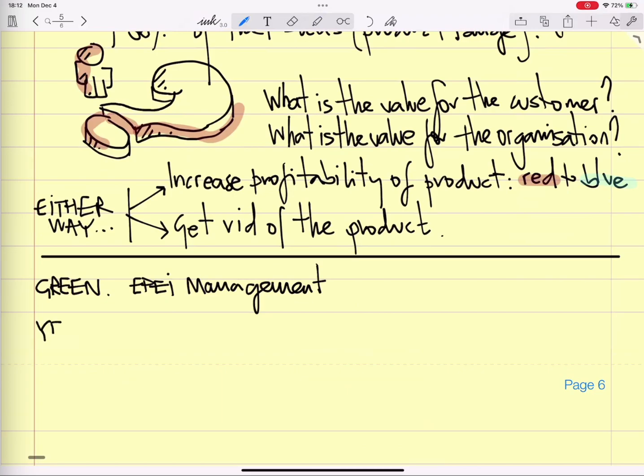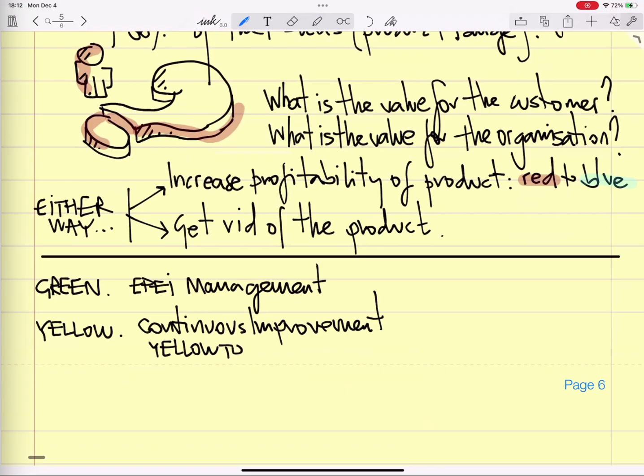Yellow, we do continuous improvement. We want to turn yellow to green. Okay? Blue, combine and improve.